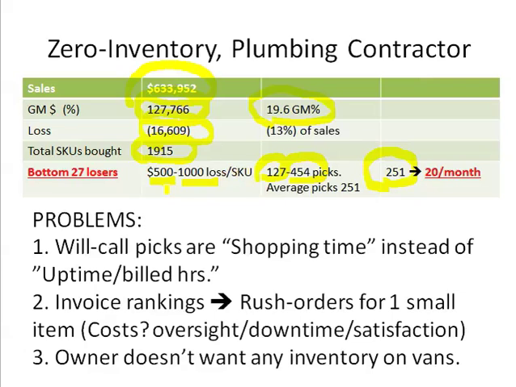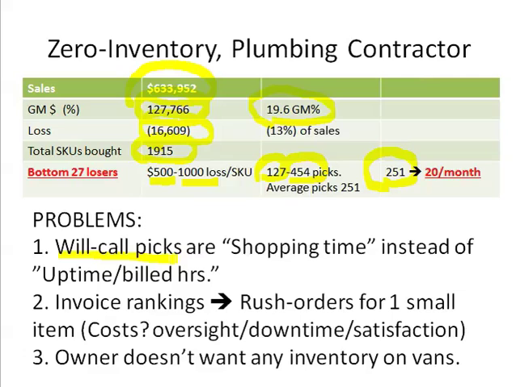Now, they can then go look at the invoices and say, all right, how many of these were will calls? In other words, the customer. So you look at the bottom of the report on invoice ranking and say, okay, here are invoices that had $1, $2, $3, $4 of stuff on it, one line item. And when that tech van person is there buying it, they sure are not out doing a job.